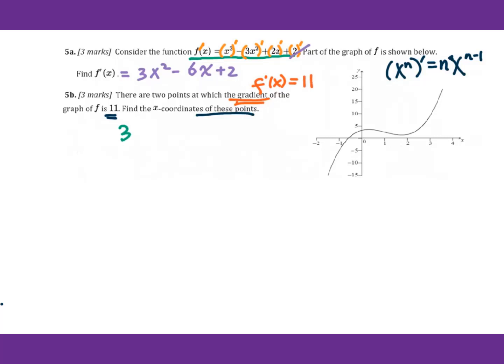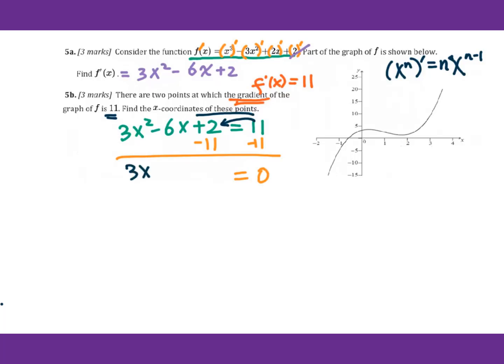Therefore, you will set up 3x squared minus 6x plus 2 equals 11. You can put it into an equation solver, but anyway, you subtract 11 from both sides so that you get equal to 0.